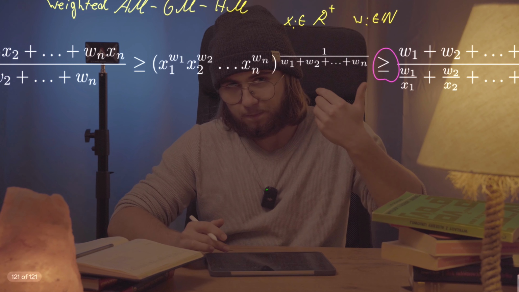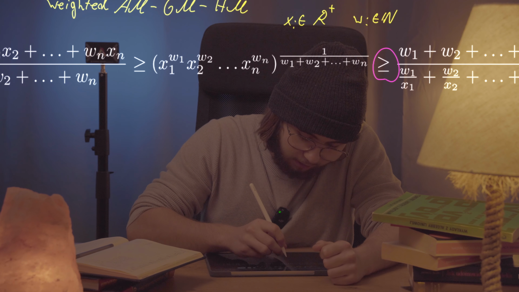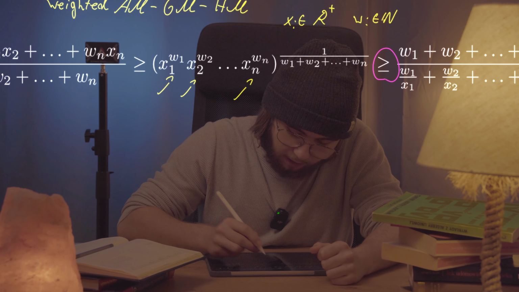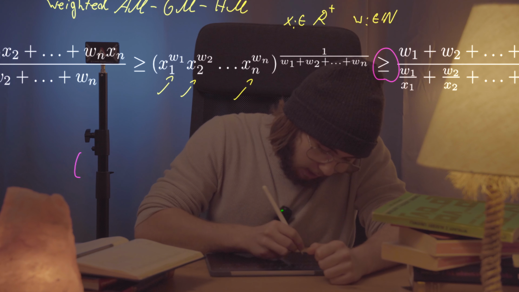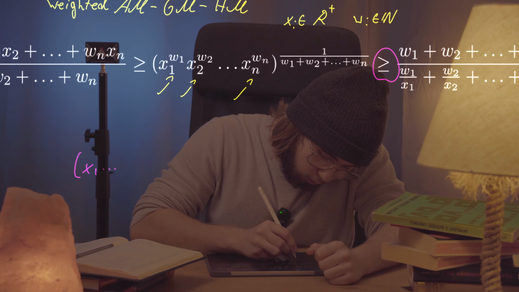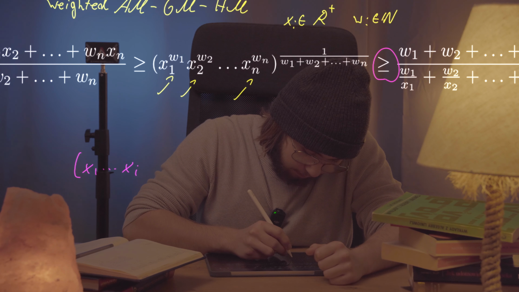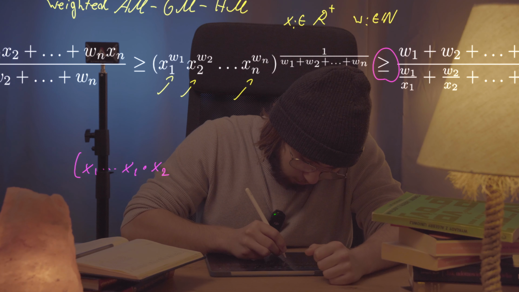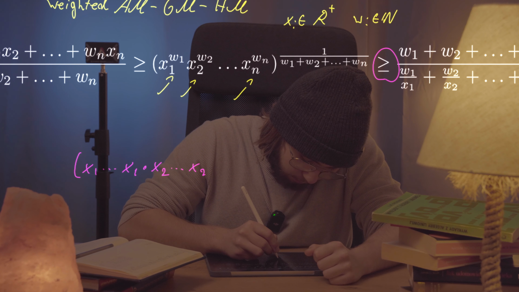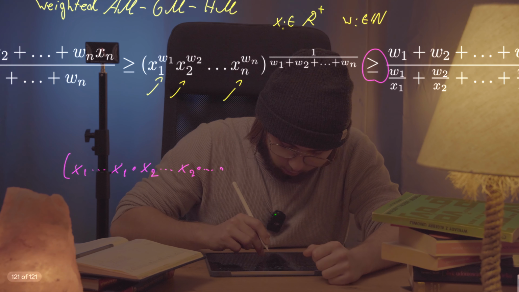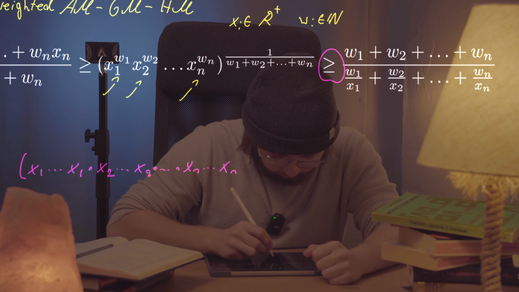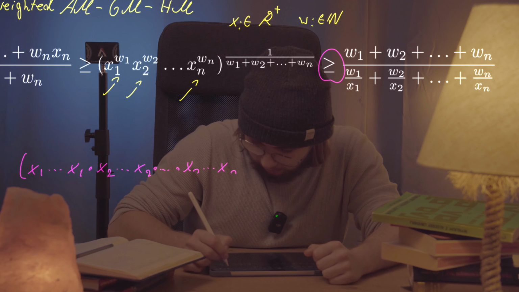So I would like to rewrite x1 to the w1, x2 to the w2, and xn to the wn as x1 multiplied by itself a couple of times, then multiplied by x2, which is multiplied by itself a couple of times, and so on until we get to xn multiplied by itself a couple of times.